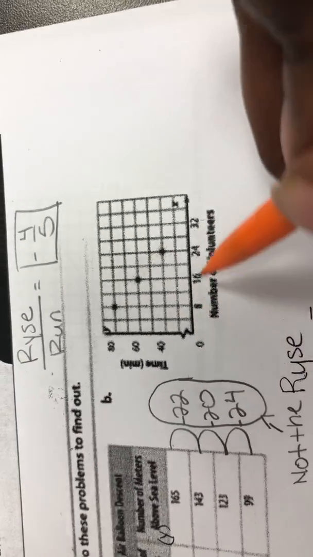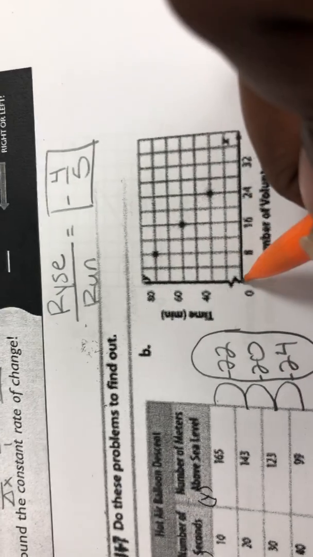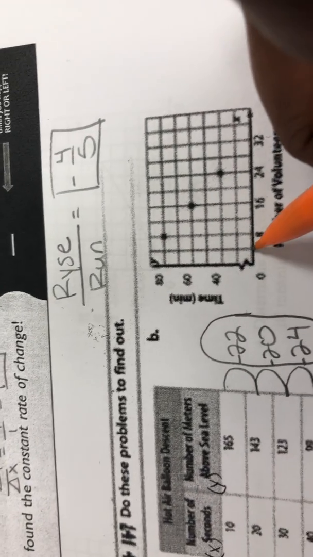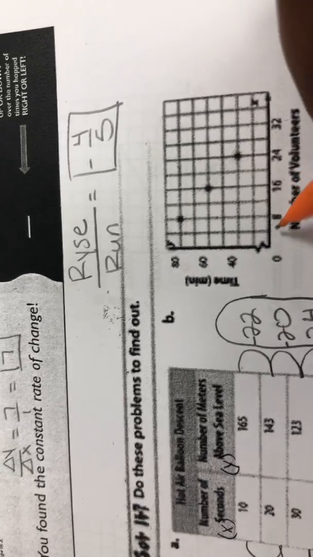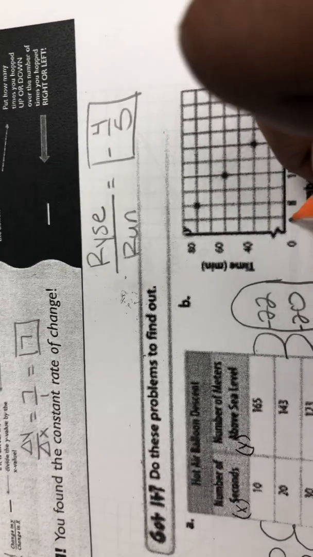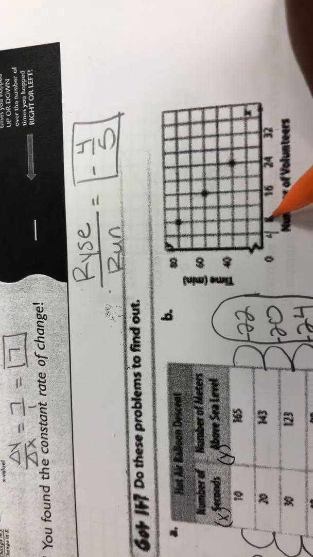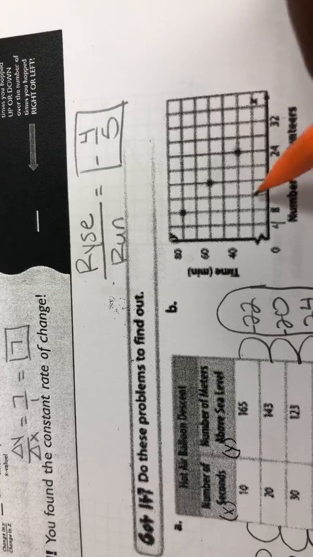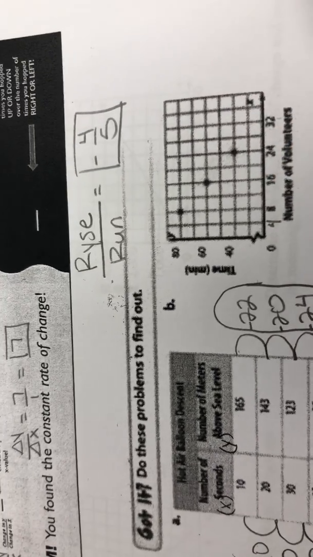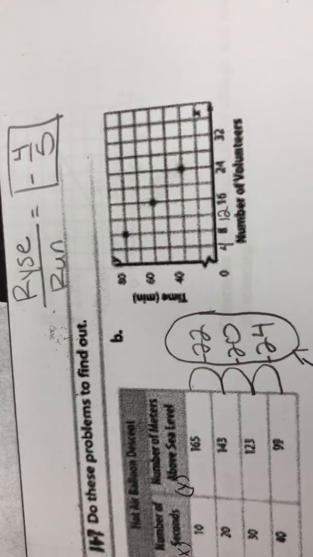So if we start on the X portion right here, if they went from 0 and then skipped a line and then went to 8, what's a halfway point from 0 to 8? 4. Okay. Same thing right here. If they went from 8 all the way to 16 and they skipped a line, what's a halfway point between 8 and 16? 12.